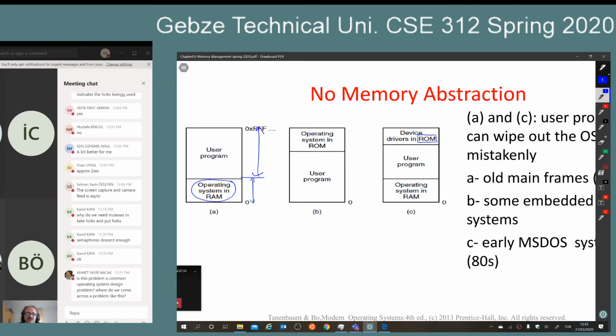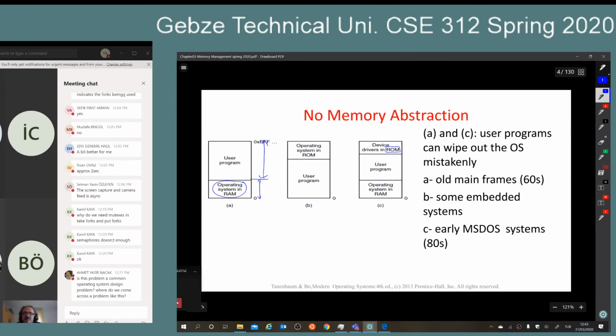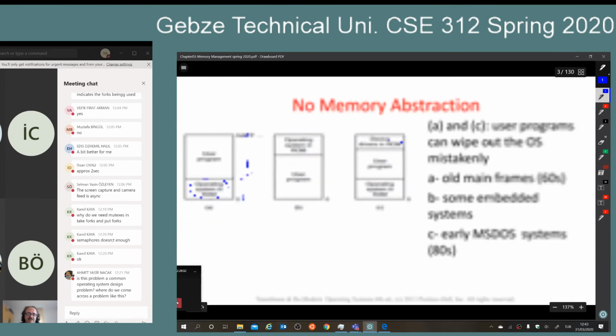So there is no wiping out problem. If I don't have any memory abstraction, if I don't do any memory management with the operating system, these would have been solutions. But this is not the case anymore because I like to use many programs and share my memory amongst many programs.